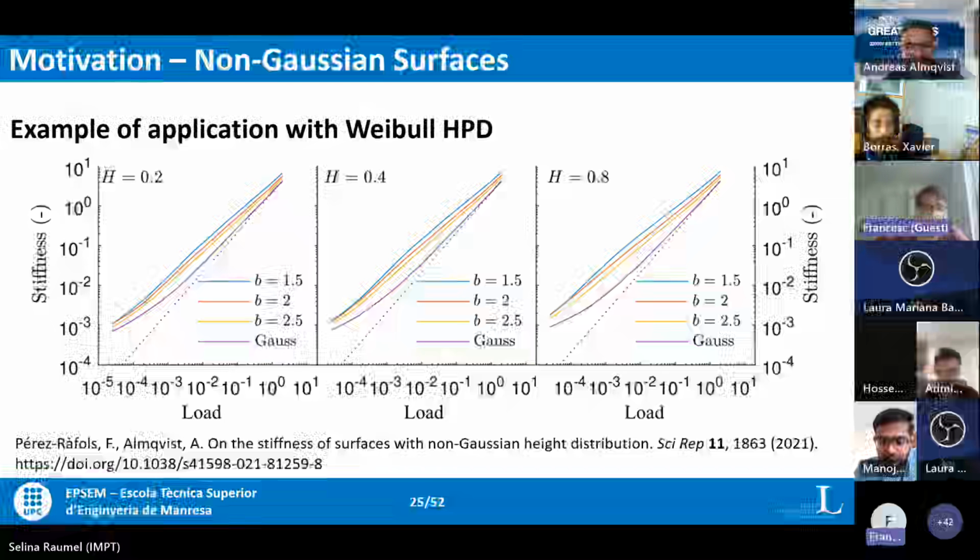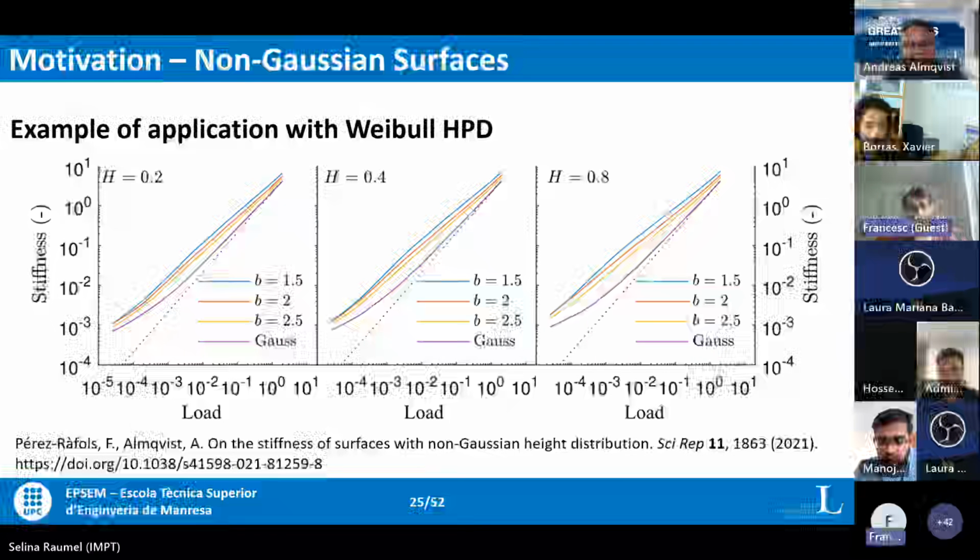It might not look all that different in the graph, but do note that the y-axis is in logarithmic scale. So actually the differences are pretty notable, in quite some cases more than 1 order of magnitude. That justifies the need for getting not necessarily a Weibull distribution, but a Weibull distribution that is as close as possible to the surfaces we want to study. Of course, this relates to stiffness, but similar results will be found with contact area and other properties.